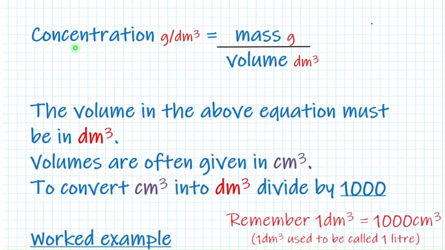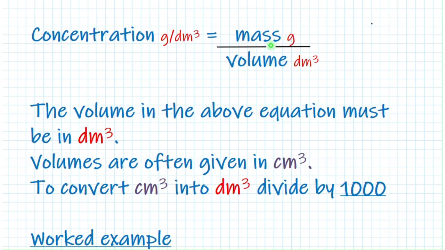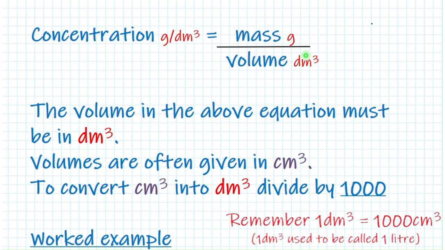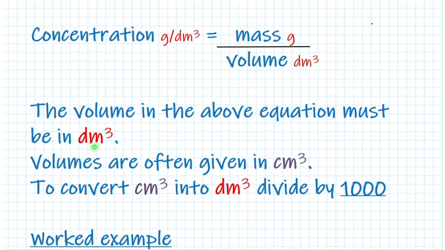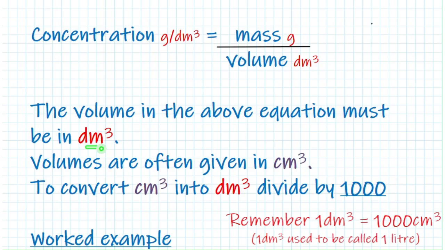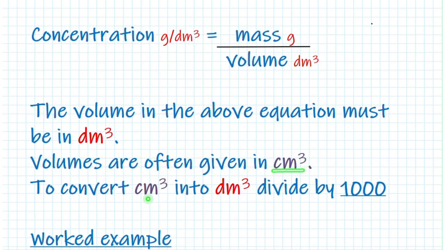Concentration in units of grams per decimeter cubed is the mass divided by the volume. The volume must be in decimeters cubed, but volumes are often given in centimeters cubed. So to convert centimeters cubed to decimeters cubed, we divide by 1,000.